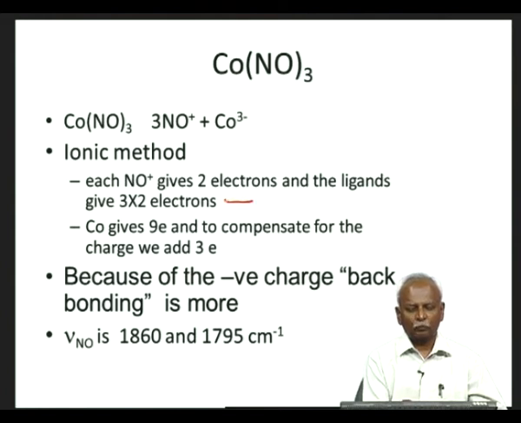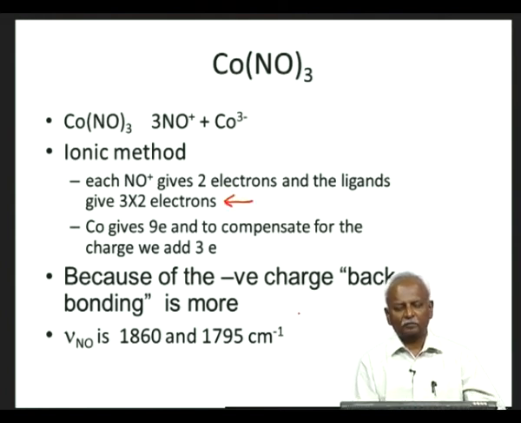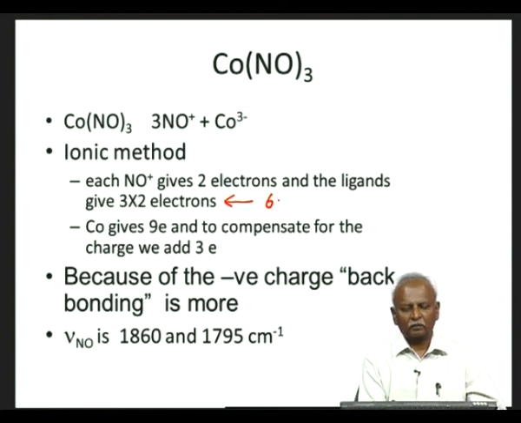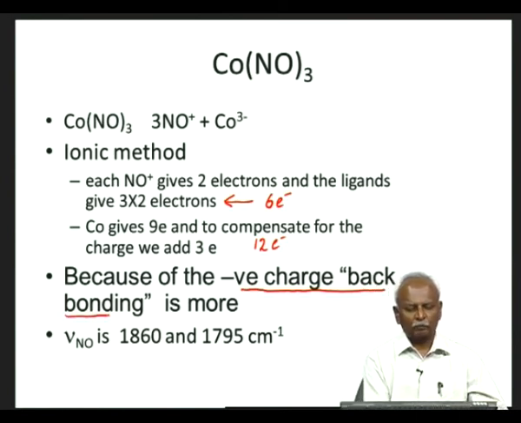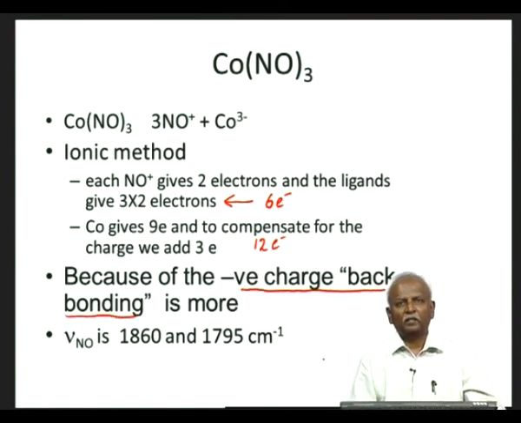NO plus can give only 2 electrons each, and so we have 6 electrons from the ligand system, and 12 electrons on the cobalt. So, a total of 18 electrons are there. So, this excess negative charge is usually the reason given for excessive back bonding between the metal and the nitric oxide, and this back bonding results in reduction of the stretching frequency.